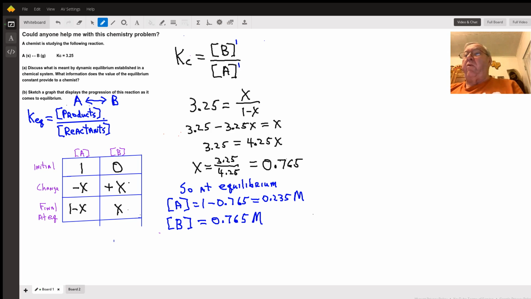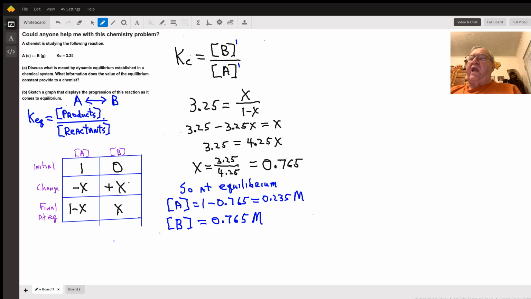Then we'd get 3.25 minus 3.25X equals X. Do a little bit of algebra, get all the X's on one side, divide by the coefficient of X, and then you get X is equal to 3.25 divided by 4.25. So our molar solubility is 0.765.